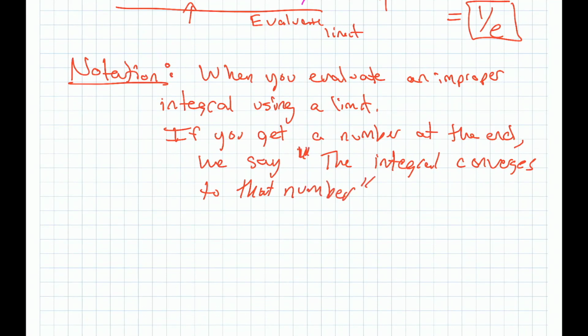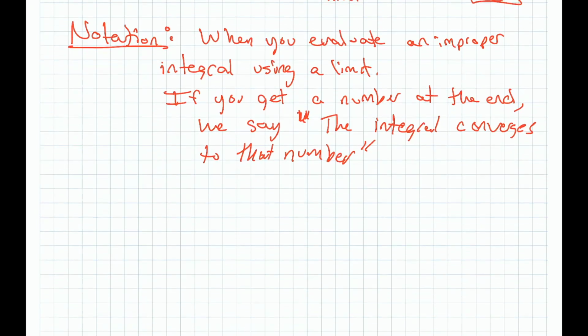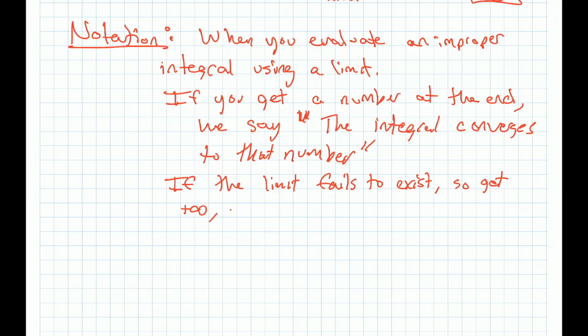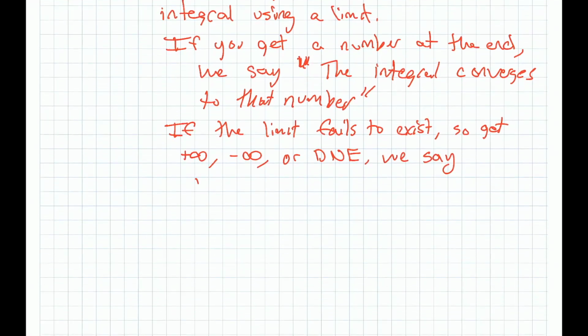If the limit fails to exist, so for example, you get plus infinity or minus infinity, or it just doesn't exist for some other reason, we say the integral diverges.